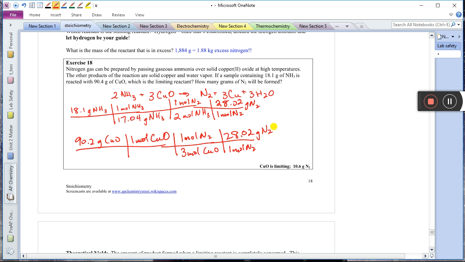So what was our molar mass for copper 2 oxide? 79.55. All right, if you're on that half of the room, do the top one. If you're on this half of the room, do the bottom one.